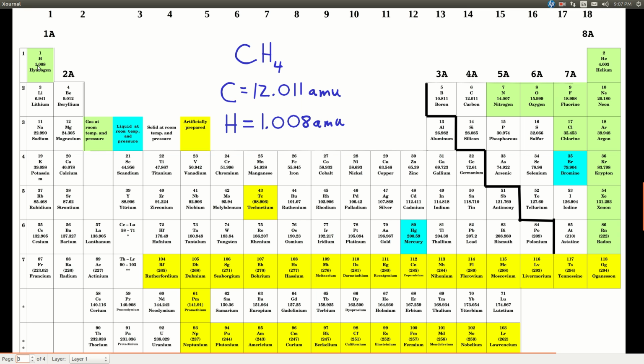And hydrogen, we know from the periodic table, weighs 1.008 AMUs. And there are 4 hydrogens, so we're going to have to multiply the mass of hydrogen, the 1.008 AMUs, times 4 to get the total mass of hydrogen in that compound. Now the total mass of that compound will just be the mass of carbon right here, plus 4 times the mass of hydrogen.